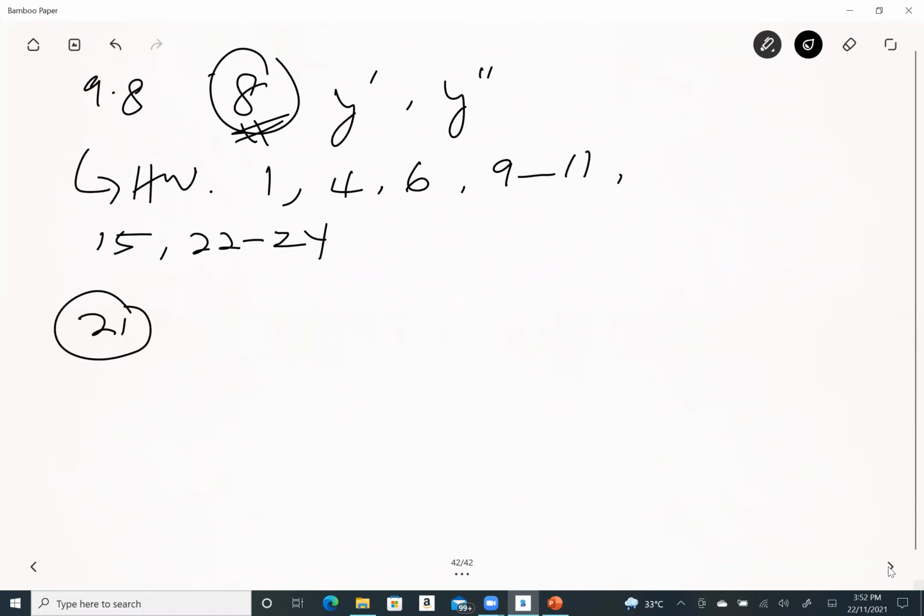Okay, that question number 21 is this one, easy for me to write. 21, the square root of 4x minus 1. Okay, you do this second derivative.